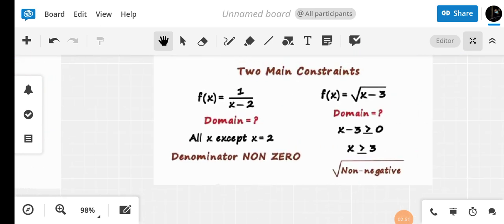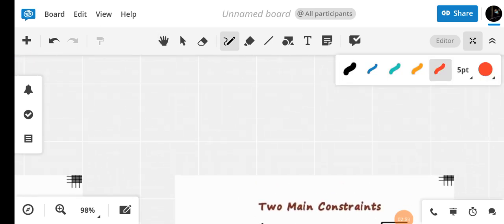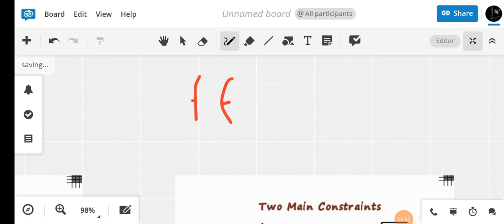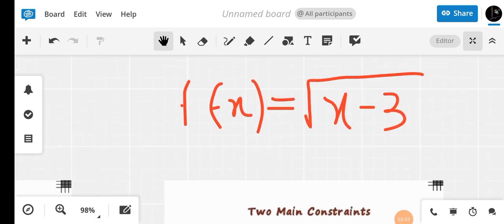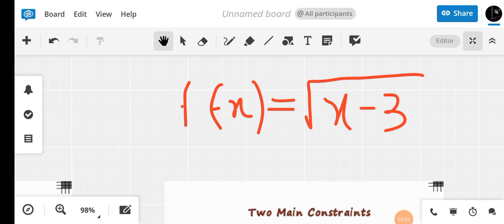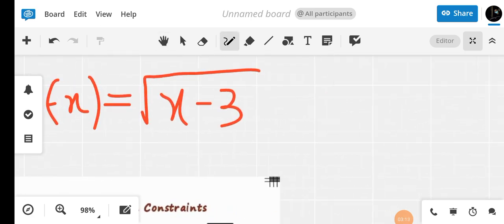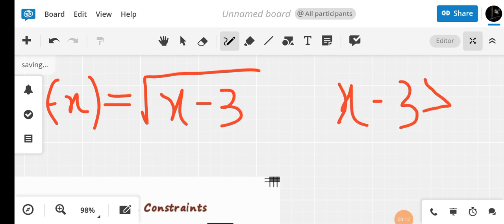Now we have the function f of x equals under root of x minus 3. So here, as you know, we can't have a negative number in the square root. So we can say x minus 3 should be greater than 0, because we can't have a negative number in the square root.